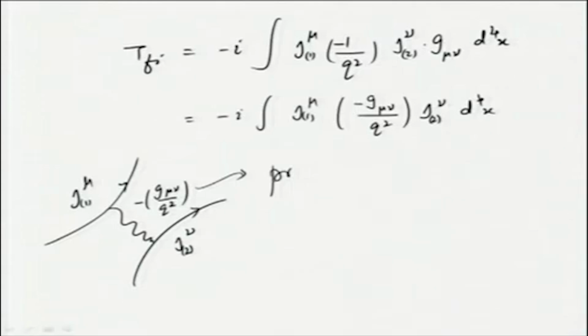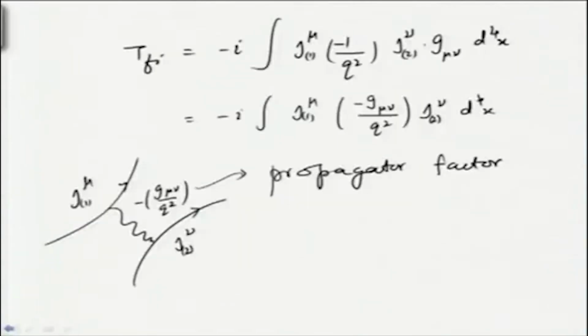When J1 looks at it, it sees the effect of J2 propagated to J1, and the factor corresponding to that coming in the transition probability is minus G mu nu over q square. We call this the propagator factor.